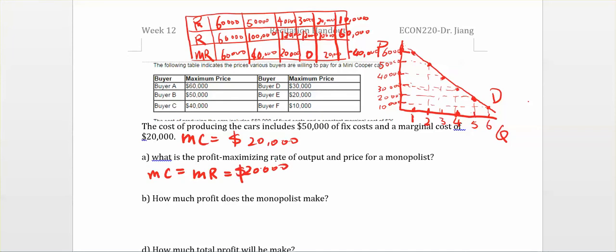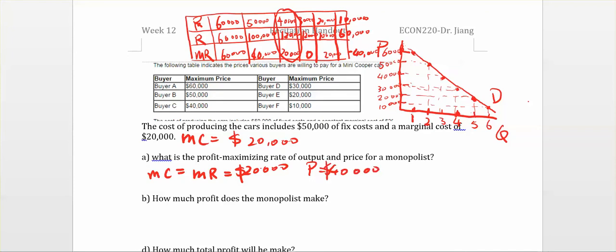And now the next question, at what point does the marginal revenue also equal $20,000? Based on our calculation, when the price equals $40,000, we have marginal revenue equal to $20,000 as well. So the profit-maximizing output and price: the price equals $40,000.